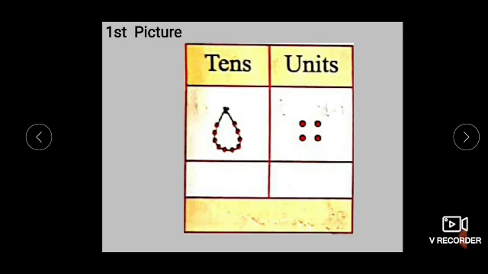How many tens and how many units are there? One 10 and 4 units. 1, 2, 3, 4. 1, 4, 14. FOURTEEN 14.